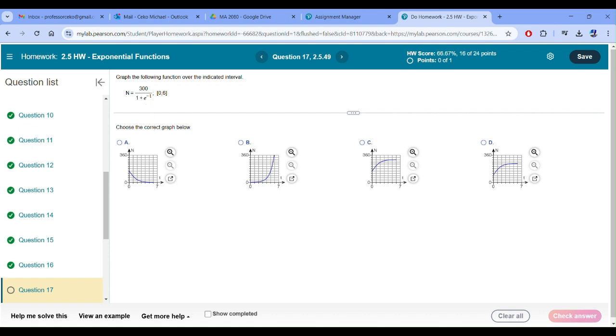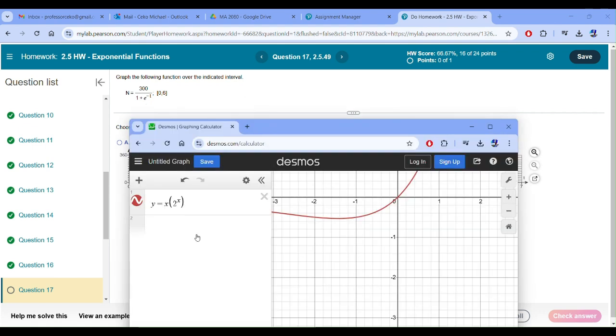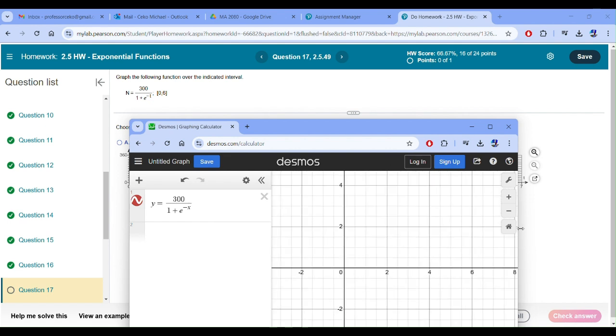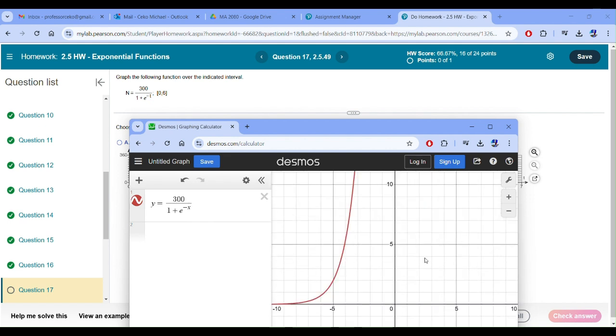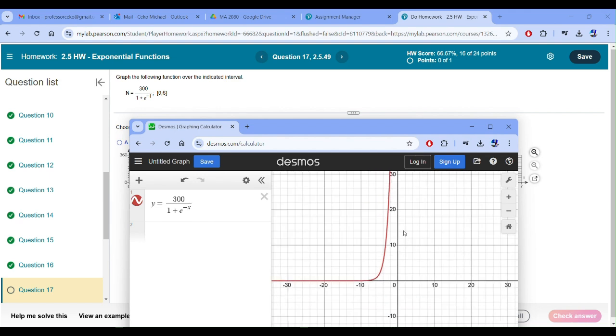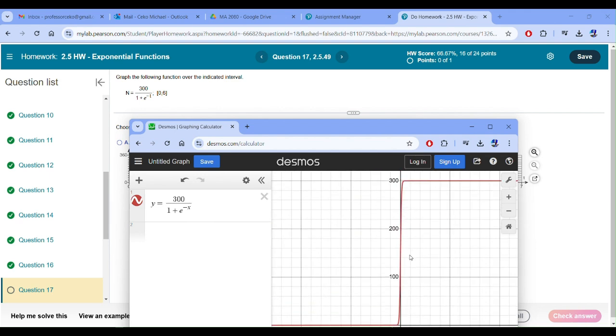Graph this, go right into Desmos, and this is going to be y equals a fraction. The numerator is going to be 300 over 1 plus e to the negative 6t. I can't do t, I've got to do x, so that this will graph. And then between 0 and 6, home page. So this is an exponential growth.